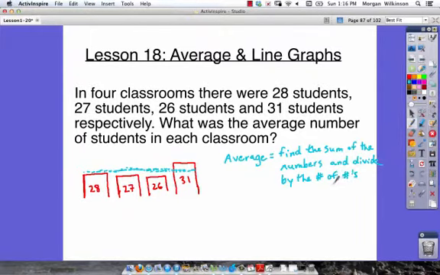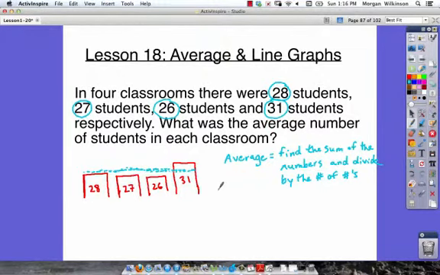I'll use some symbols here, and you can use those in your notes as well. So, in order for us to do this problem, to find the sum of the numbers, we're going to have to add our numbers up. We're going to have to add the 28 plus the 27 plus the 26 plus the 31. That's going to tell us the sum of the numbers.